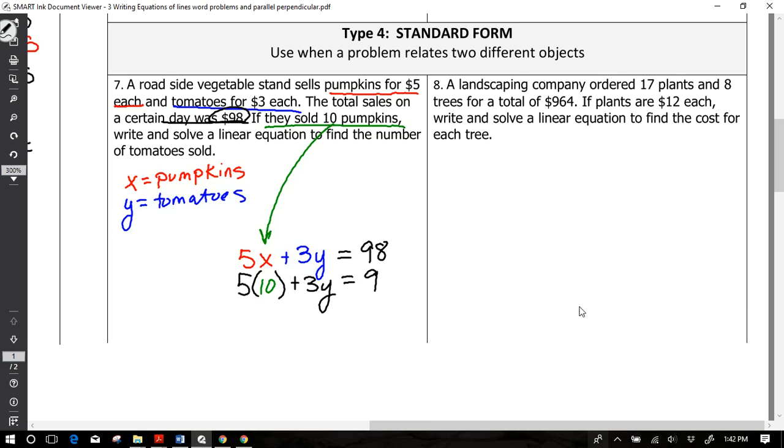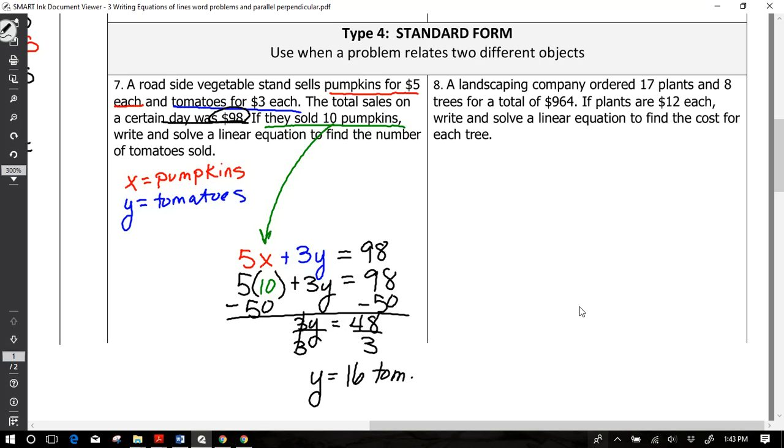And we're going to solve this. So 5 times 10 is 50, and I'm going to subtract that from both sides. And then divide both sides by 3, and I get y equals 16, and that is tomatoes.